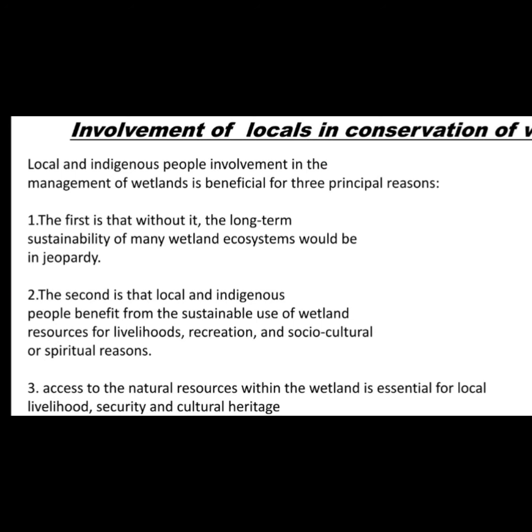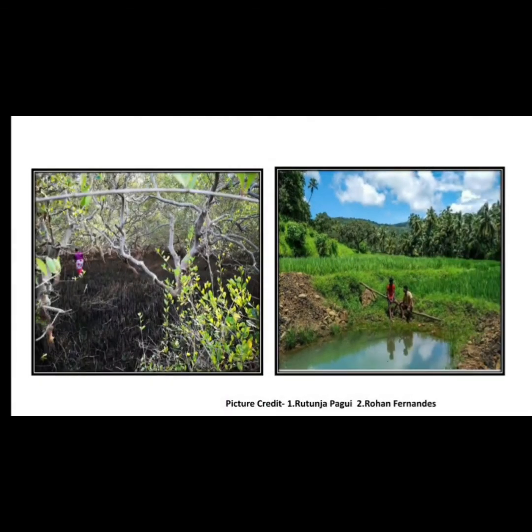The second reason is that local and indigenous people benefit from the sustainable use of wetland resources for livelihood, recreation, socio-cultural or spiritual reasons. And the third reason is that access to the natural resources within the wetland is essential for local livelihood, security, and cultural heritage. So these are the reasons why local people are involved in the conservation of wetlands.